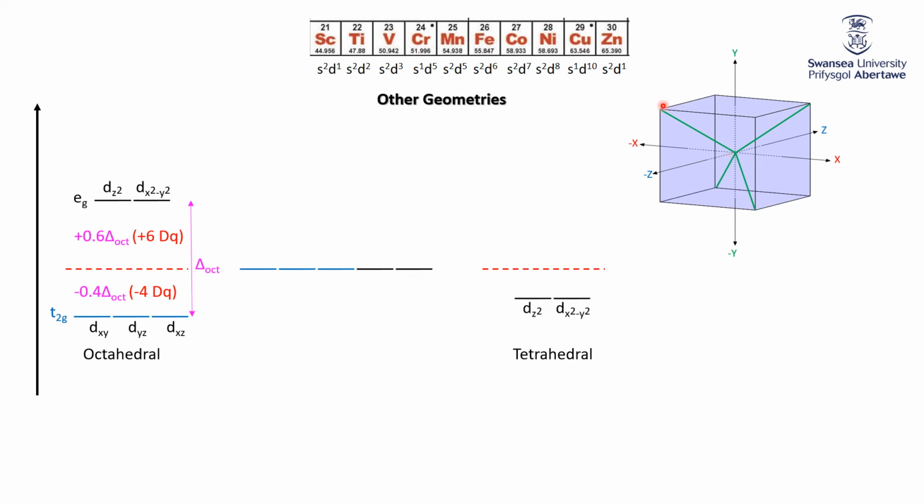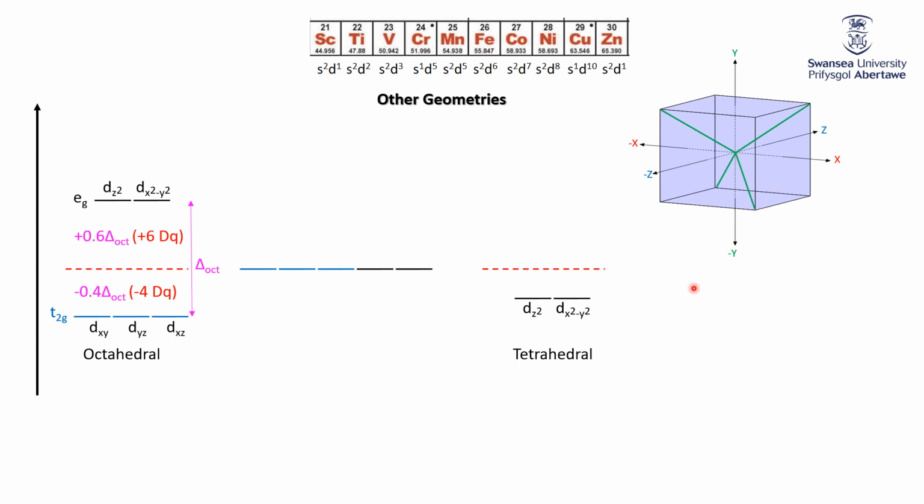Now, these ligands on the corners of the box, if I was able to draw them in, which I'm afraid my artistic skills escaped me, none of the in-between-the-axes orbitals are actually pointing at the ligands. If you look here, this would be where the XZ is. It's not pointing at this ligand, but it's kind of close to it. And in the same way here, this is the XY pointing here, it's not pointing at this ligand, but it's close to it.